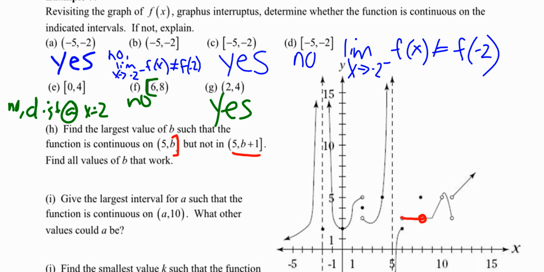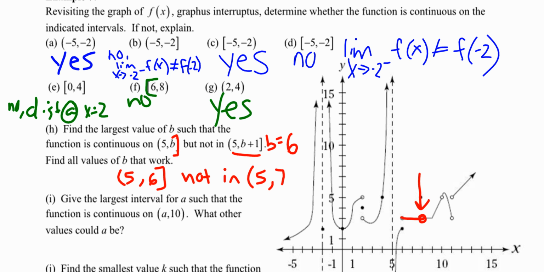So it stops being continuous at 7. So if we let b equal 6, it would be continuous on this interval from 5 to 6, but not on 5 to 7. So b equals 6 would be the largest we can have.